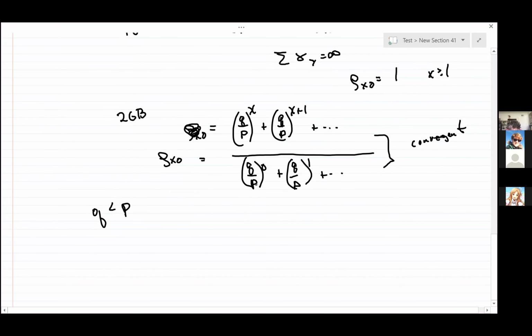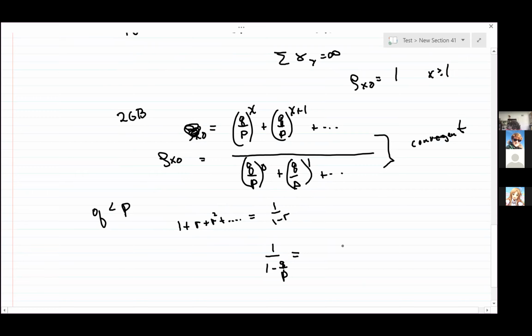So let's do the bottom one first. The sum of a geometric series, 1 plus r plus r squared, something like that, converges to 1 over 1 minus r. So the bottom here would just be 1 over 1 minus r. What is r? What we're multiplying by to get to the next term. So that's this.